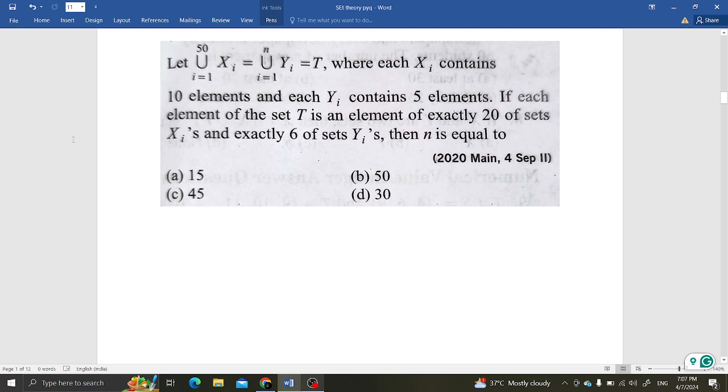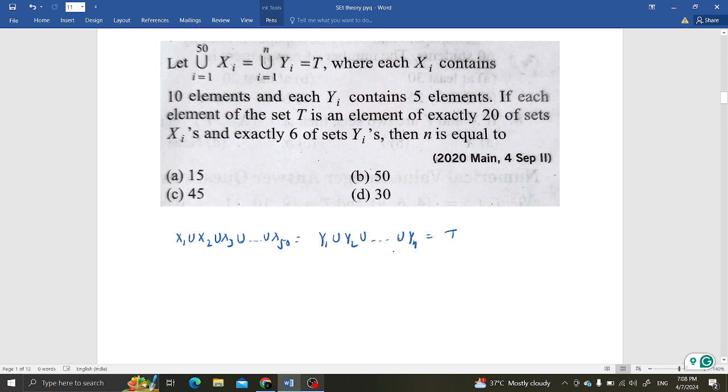Now you can observe that here, union of Xi for i equals 1 to 50, and union of Yi for i equals 1 to n, equals T. It means we have X1 union X2 union X3 union up to X50, which is the same as Y1 union Y2 union up to Yn, equals T. Okay, that is the meaning.